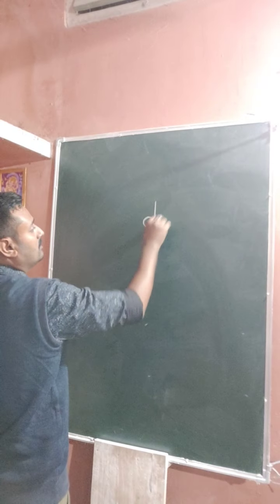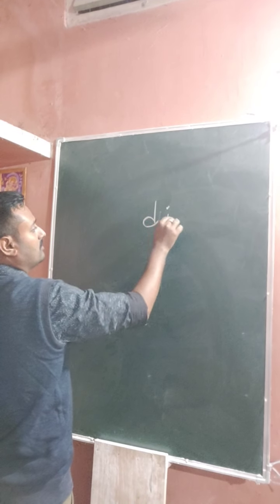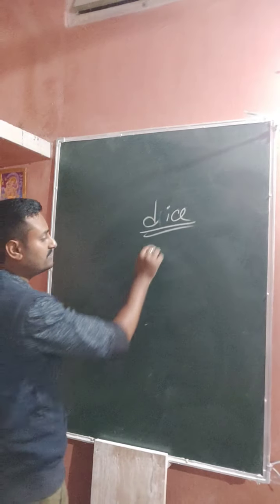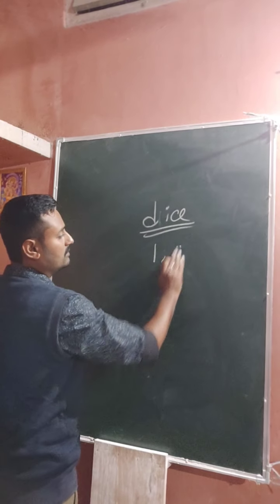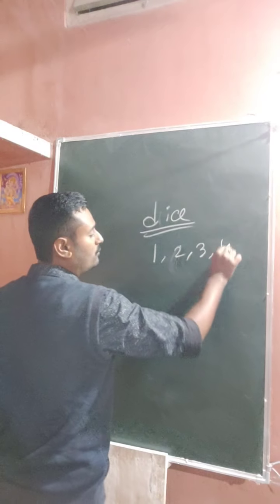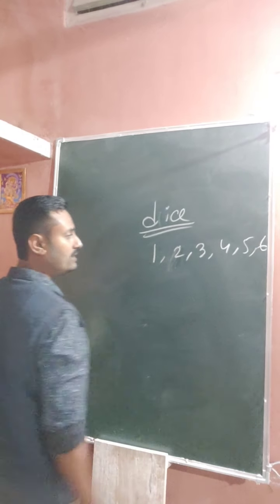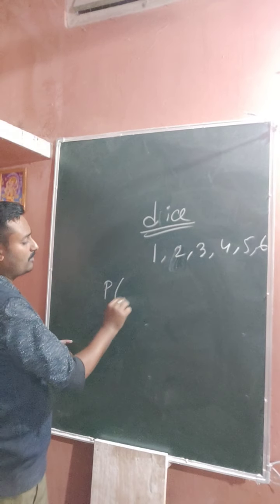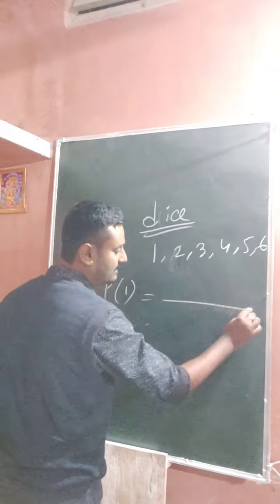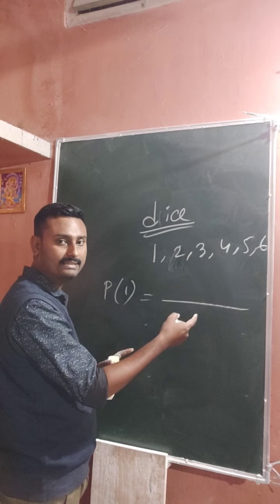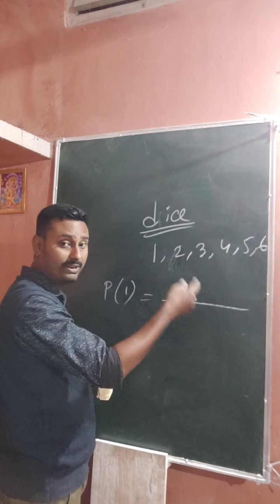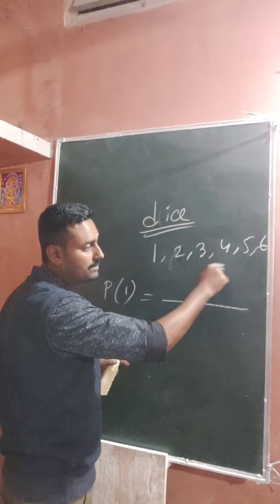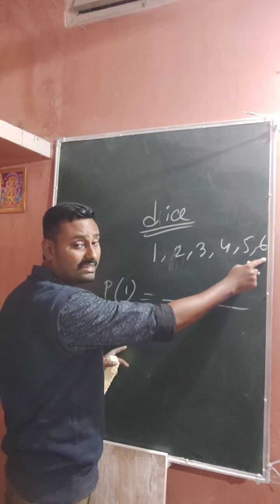Suppose you consider a dice. A dice has how many faces? 1, 2, 3, 4, 5, 6. Suppose you throw a dice. The question is, what is the probability of getting 1? Whenever you throw a dice, maybe 1 appears, maybe 2, maybe 3, maybe 4, maybe 5, maybe 6 appears.